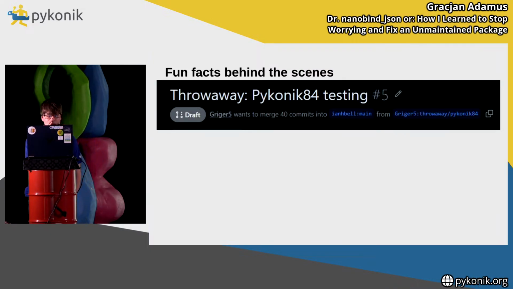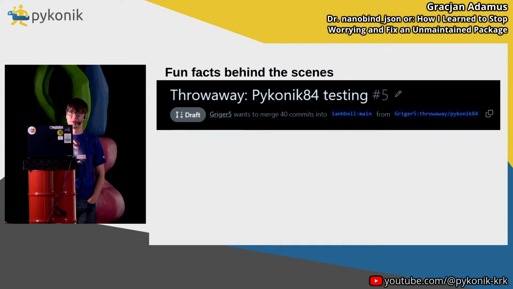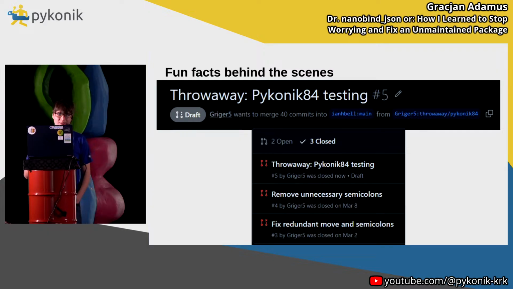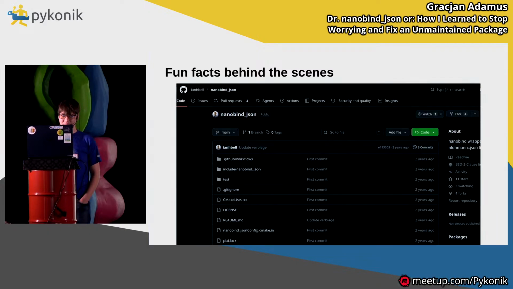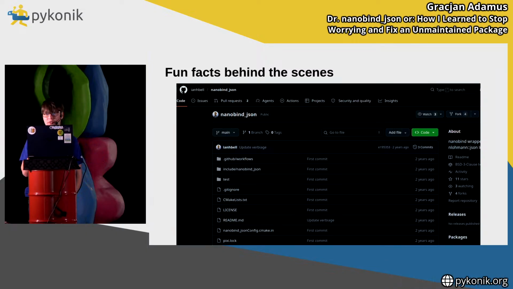During creation of this presentation and those slides, I accidentally created the pull request to the main repository of nlohmann json, the original one, instead of my own. And I already did it 3 separate times, unfortunately. I also created already the pull request to the original repository with my changes.